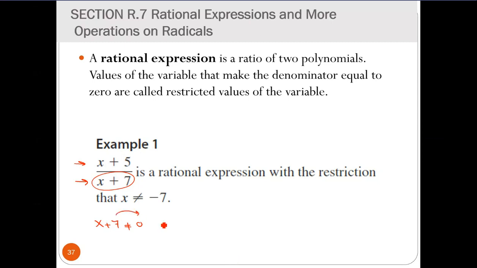After transferring the 7 from left to right, we have x must be not equal to negative 7. This is called the restriction, the condition of the expression: the denominator must not be 0. The denominator is 0 at negative 7, so x must be not equal to negative 7.